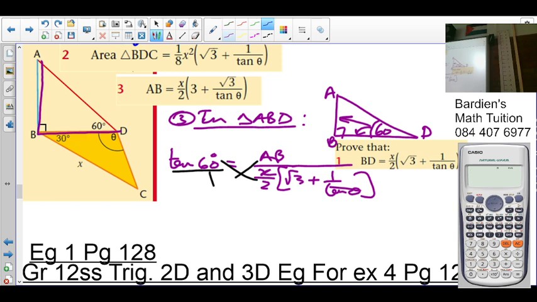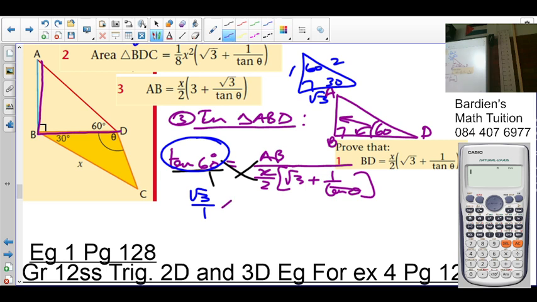So what does tan of 60 work out to be? Root 3 over 1, so it's root 3. You all agree with that? That is being multiplied by x over 2 into root 3 plus 1 over tan theta, equals AB.